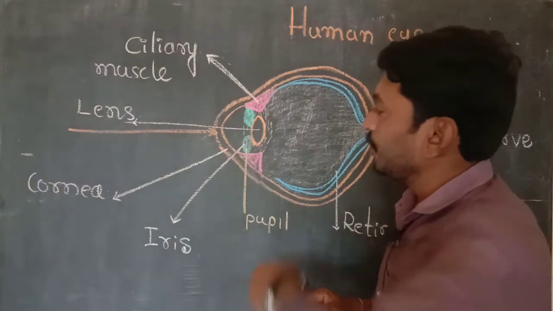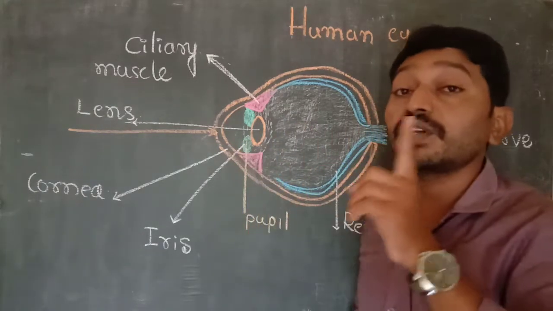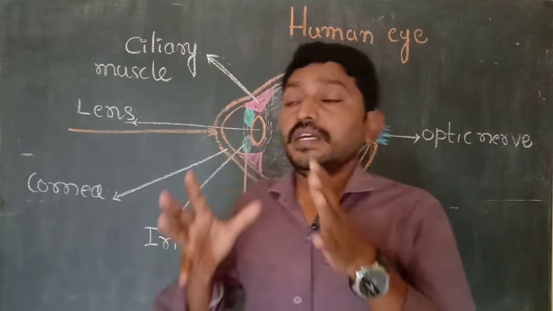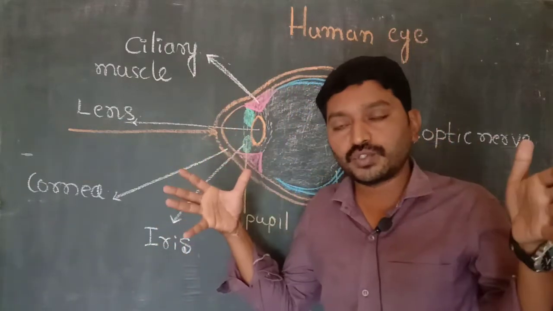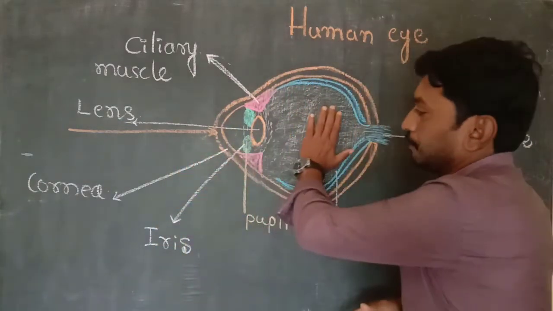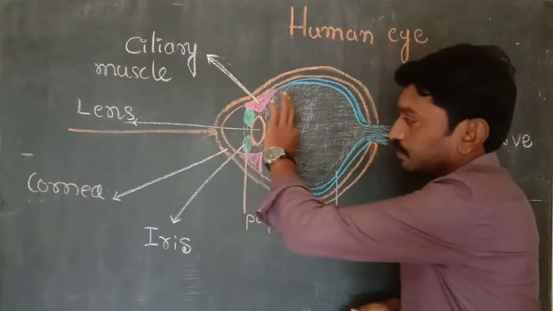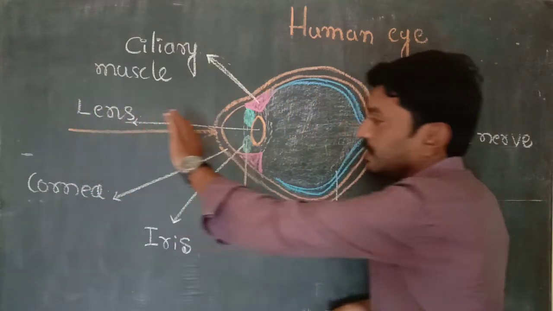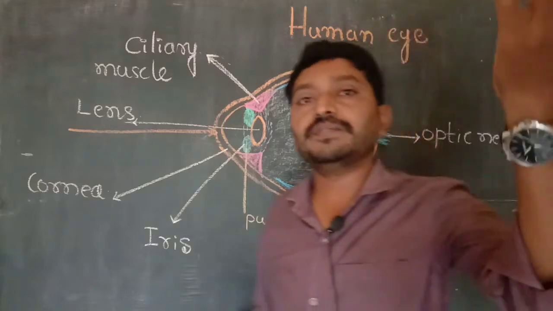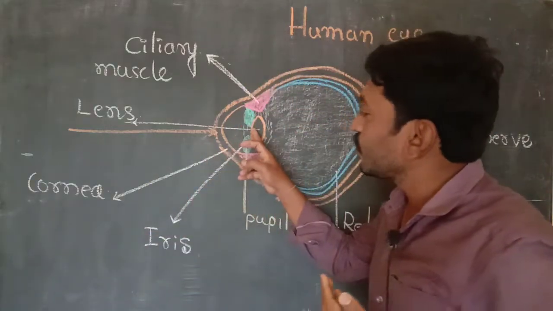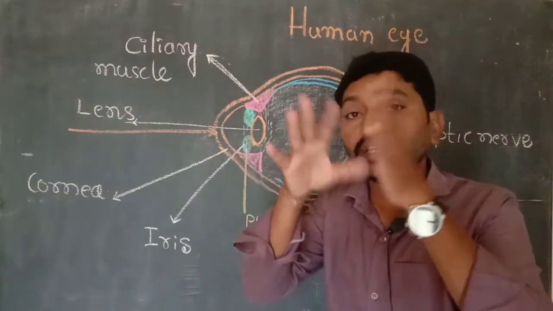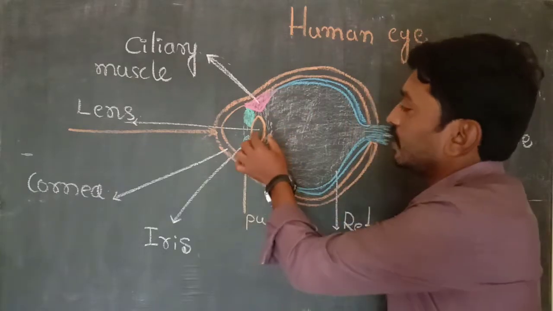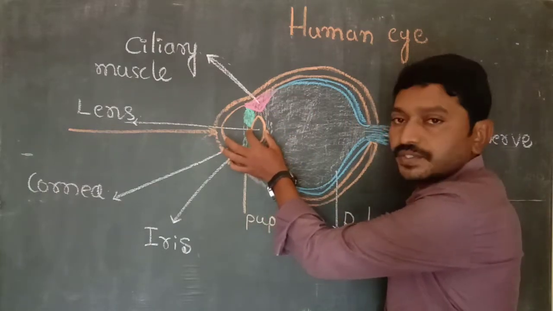As you know, a convex lens is a converging lens. It has the capacity to converge all the light rays on the screen. The different light rays coming from different directions converge and join at a point. That's the main work of the lens, right?